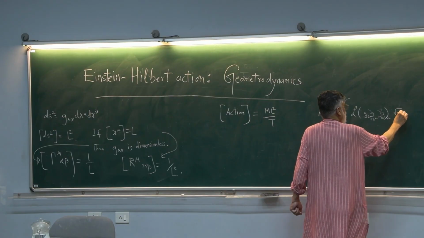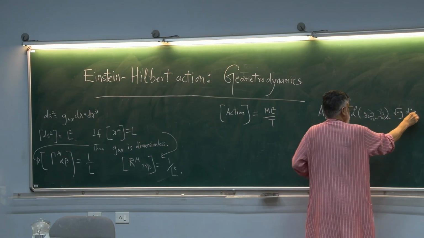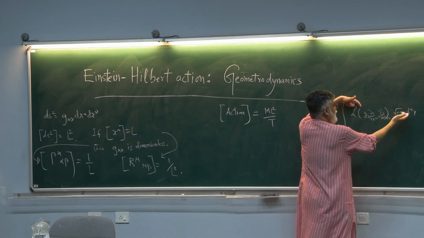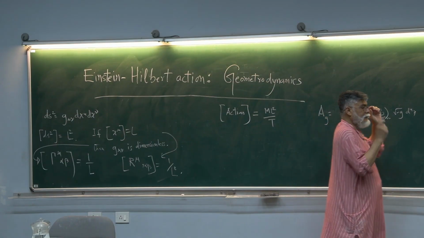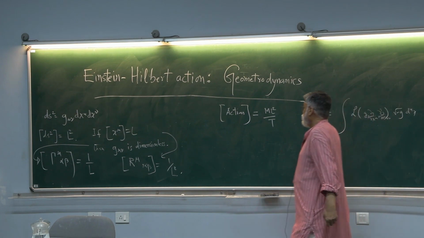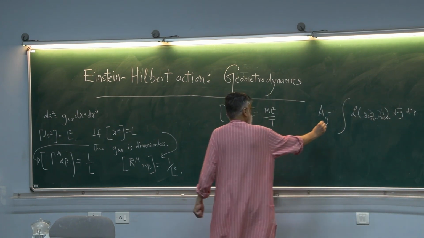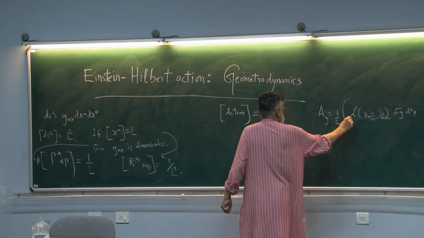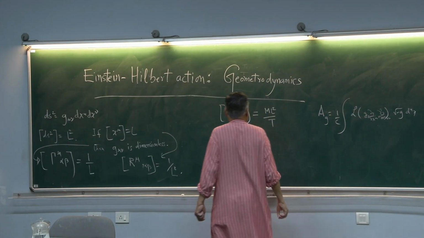Root minus g d^4x should be there, because if this is a scalar, root minus g d^4x is invariant under general coordinate transformation. And I want to know what this object is. So therefore my Lagrangian density, 1 over c, because d^4x by c, because I need d^3x dt.